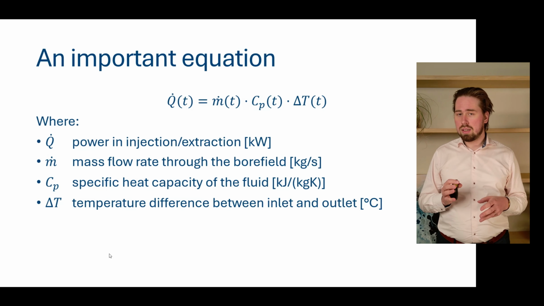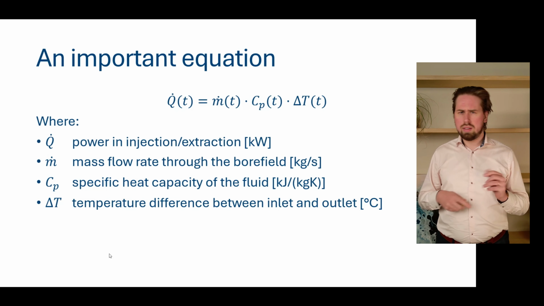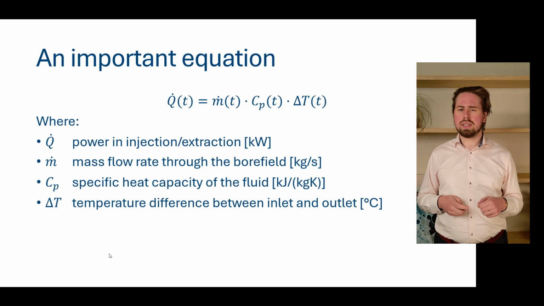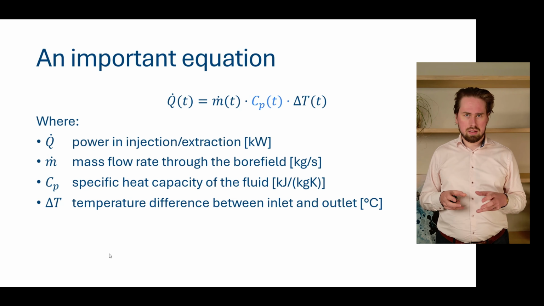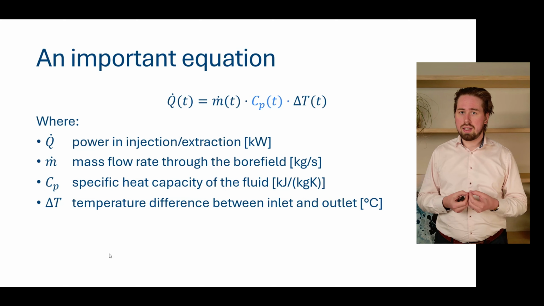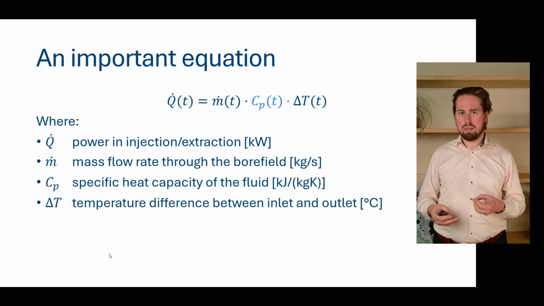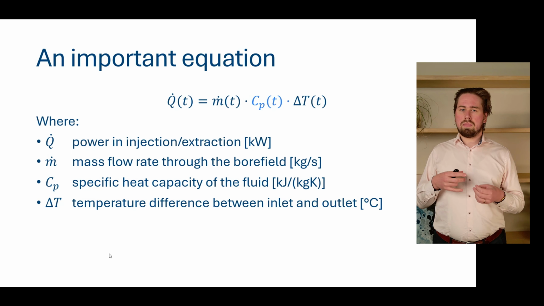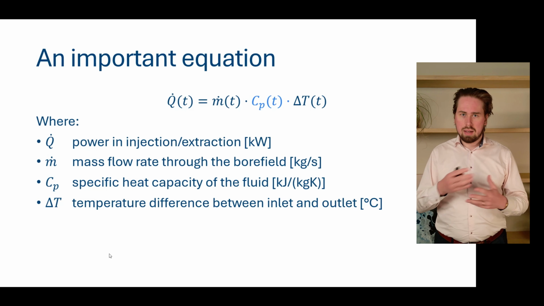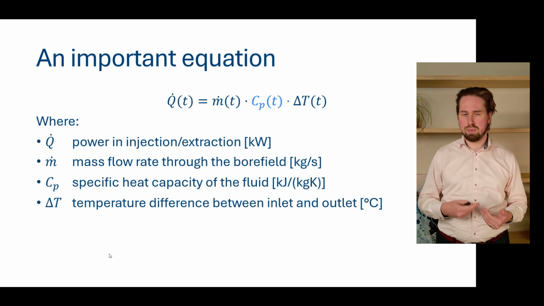Now the next thing I want to mention before we dive a little bit into the flow rate is the heat capacity of the fluid. It's a fluid property and we talked about it in the last chapter. It changes with temperature. For every temperature at every time of the simulation period, it's basically a given.